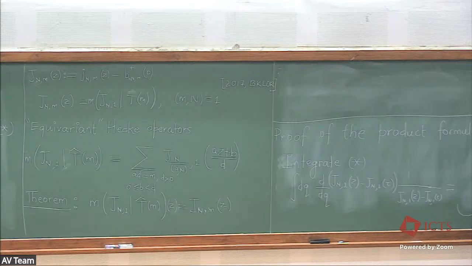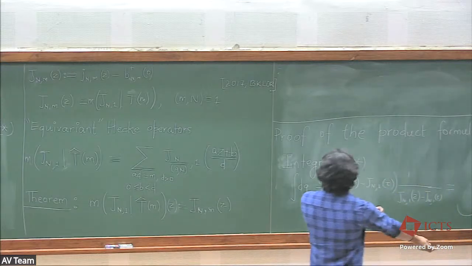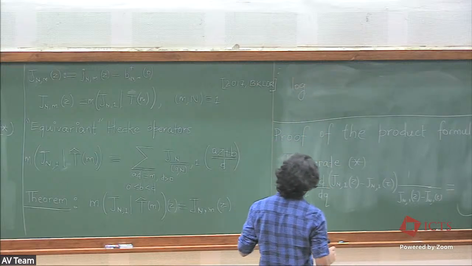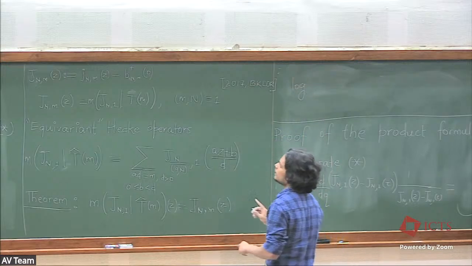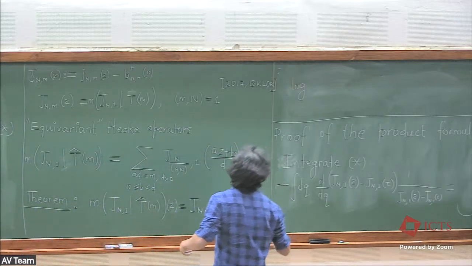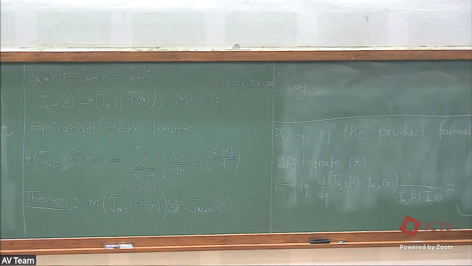Okay, and now I will just integrate both the sides. So then that gives me the following. Left hand side, I just get log. There was a minus sign here, so that minus sign is still there.